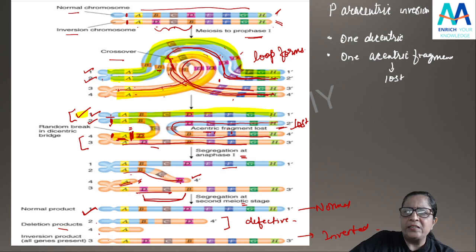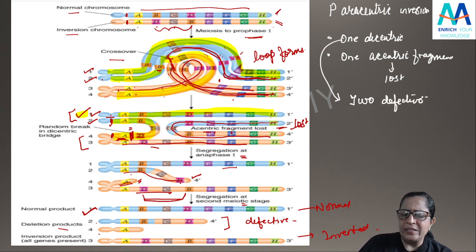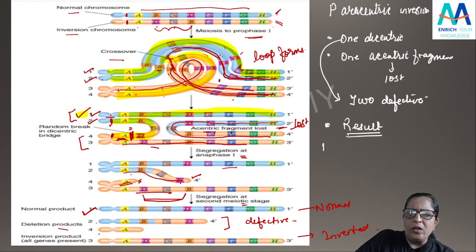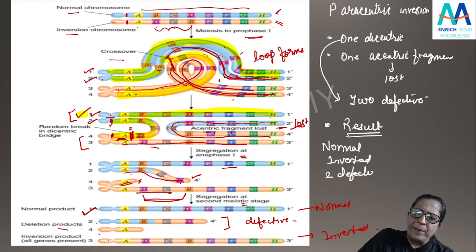Yes, and this dicentric product forms two defective. Yes, in case of an inversion. So what is the result? Our result is of the paracentric inversion का result क्या आएगा? One normal, one inverted and two defective. So remember, this is the result.